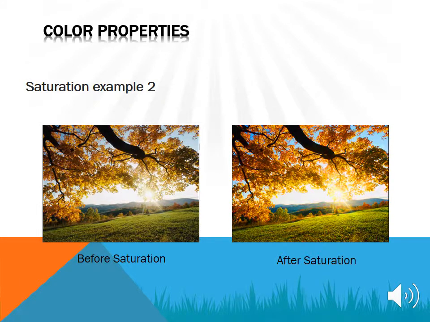The other one is we can see before saturation, the color is a little bit dull, not so bright. But after saturation, the colors become brighter. The blue becomes more blue. The orange, yellow becomes more orange and yellow. The green turns more green. This is how saturation works. We will do it in our color study tutorial project later on.